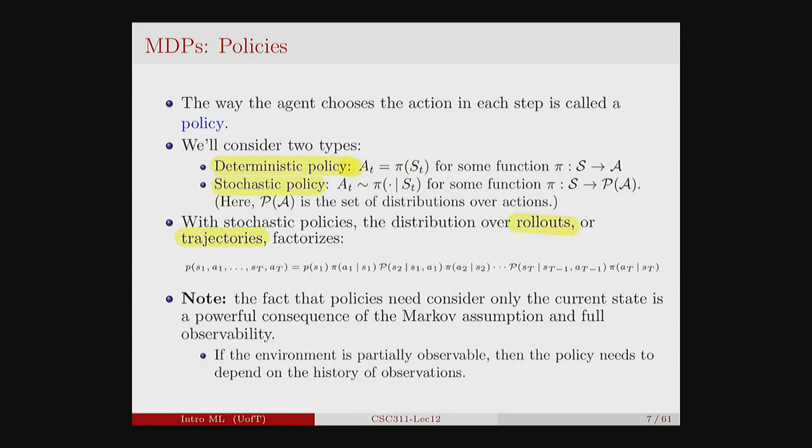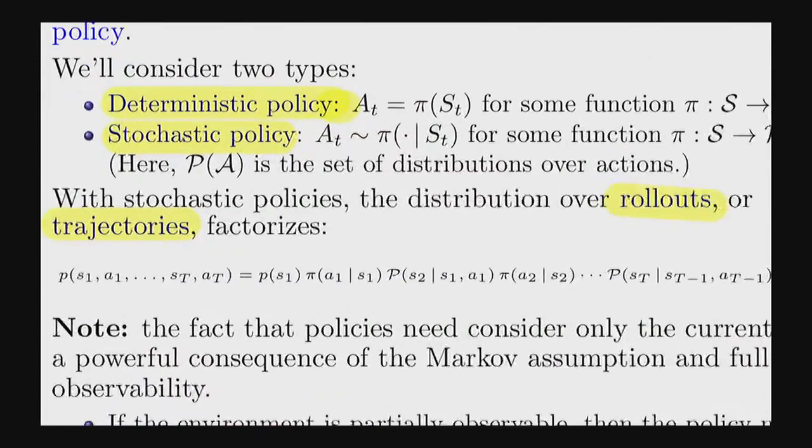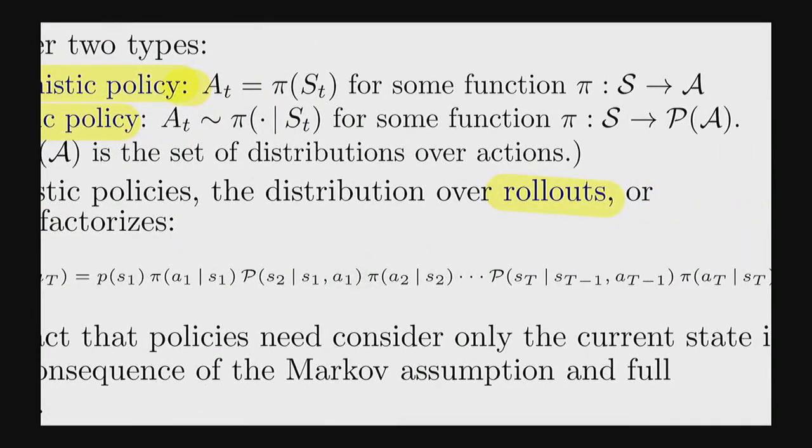The fact that policies need only consider the current state is a consequence of the Markov assumption. You'll see here that this policy, pi of A2 given S2, need only condition on S2. It does not need pi of A2 given S2 comma S1, because we've made the Markov assumption here.